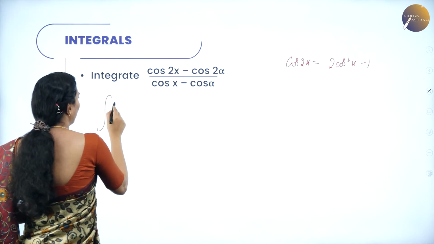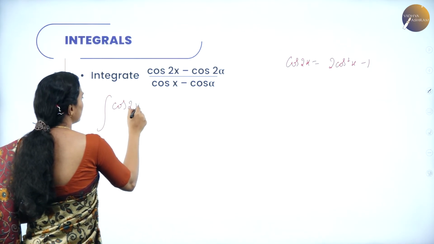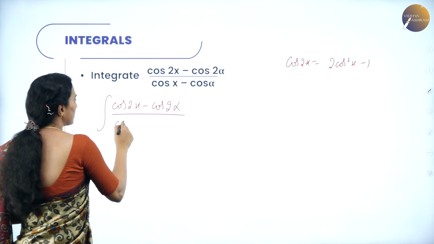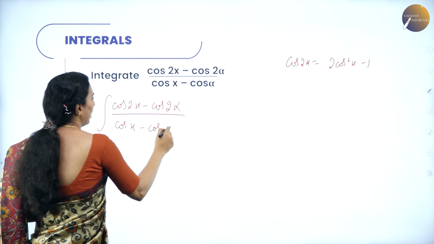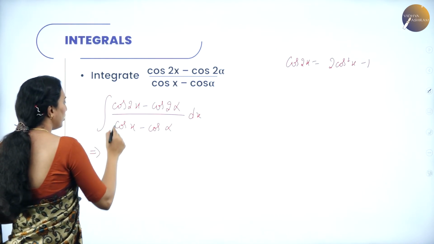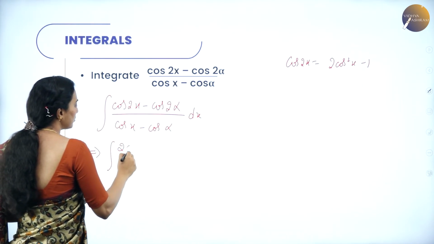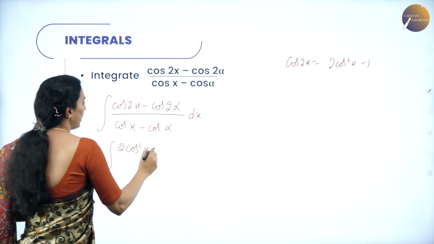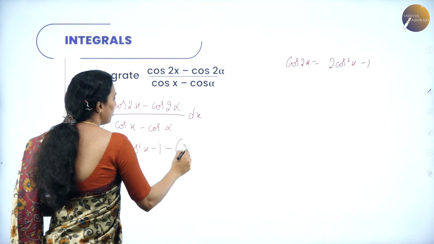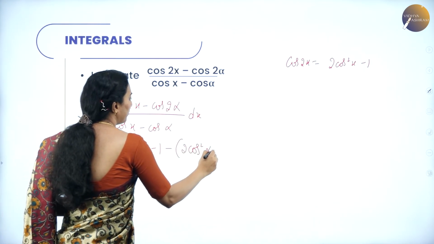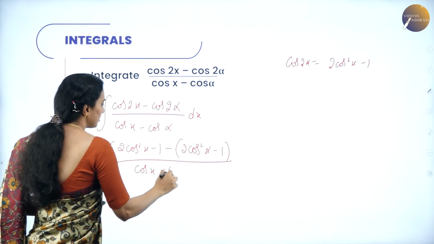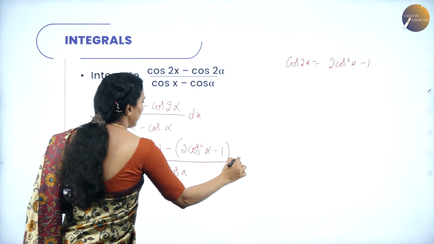Accordingly, integral of, first write it symbolically, cos 2x minus cos 2 alpha divided by cos x minus cos alpha into dx, which implies integral of 2 cos squared x minus 1, again minus of 2 cos squared alpha minus 1, divided by cos x minus cos alpha into dx.